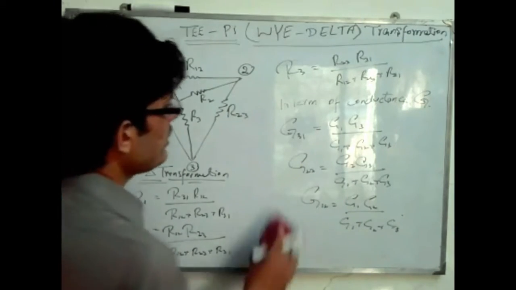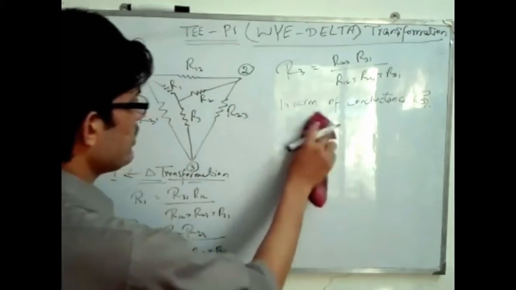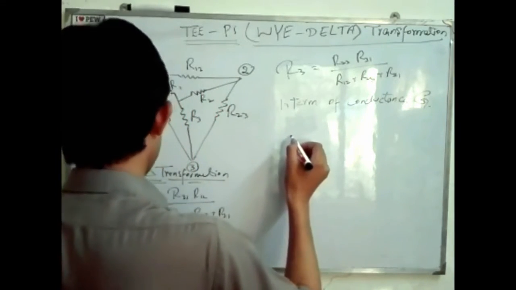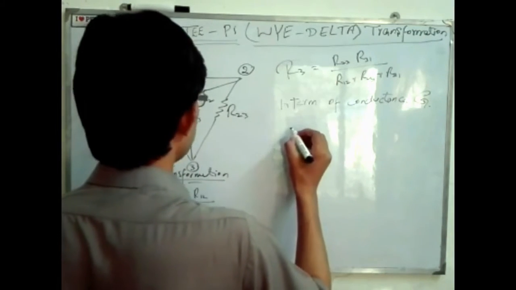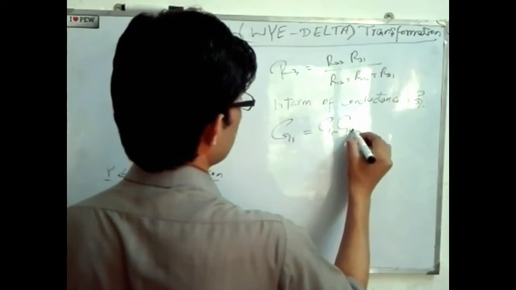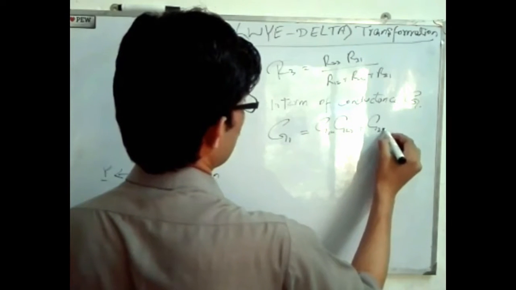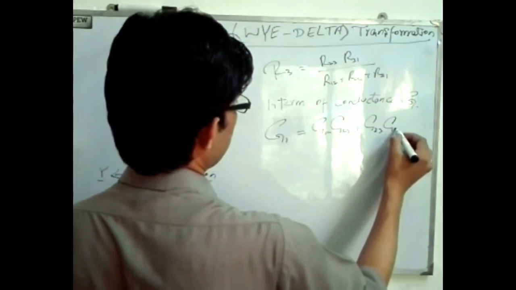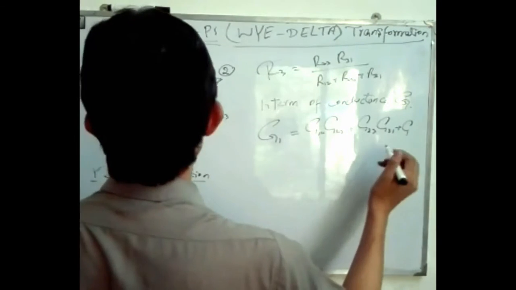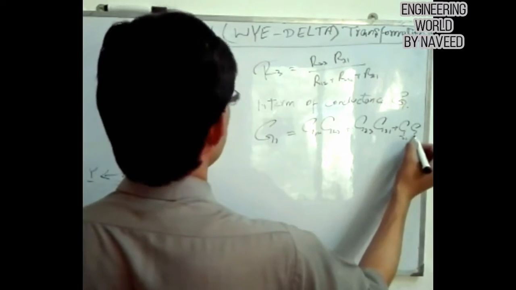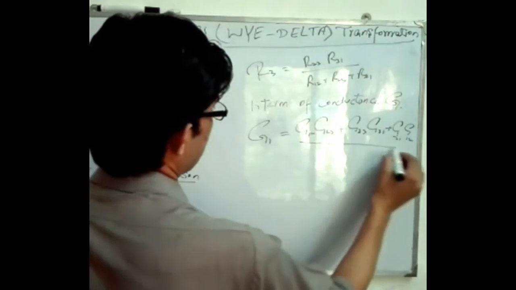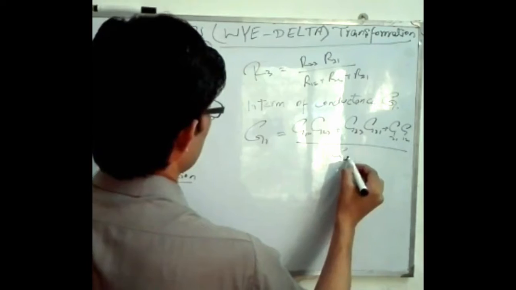Now let's write the conductance. The conductance will be the same as we did before in the conversion of Y into delta. So your G1 will be equal to G12 G23 plus G23 G31 plus G31 G12 divided by G23.